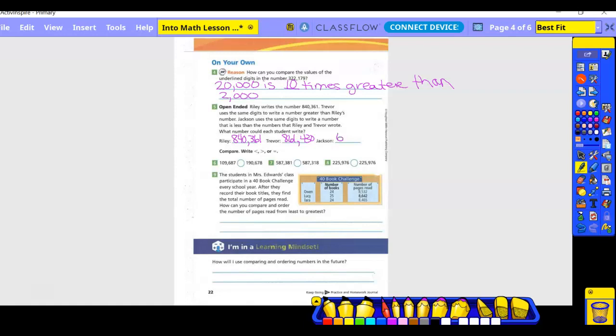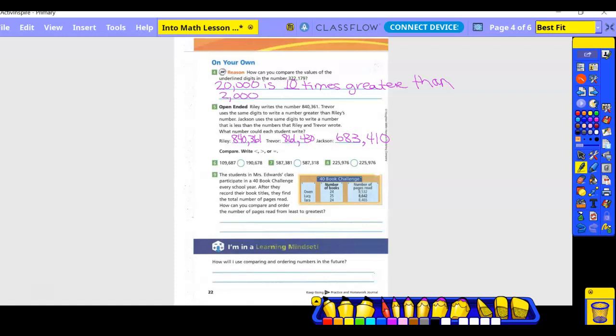And then I could do 8. I heard 8. I could do 3. What do I have left? 4. What do I have left? 3. No, I already used 3. There is no 2. I can use 1 and 0. So 683,410. Is that less than both of those? Yes.